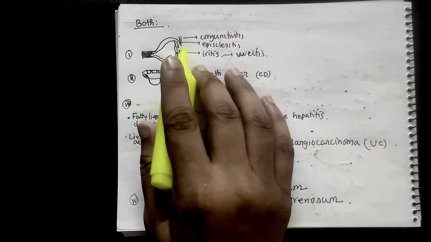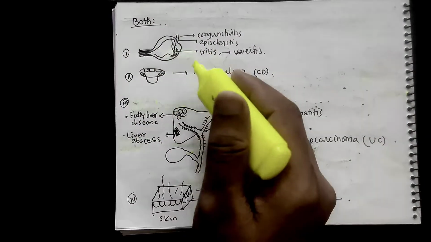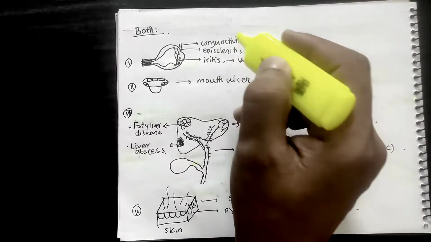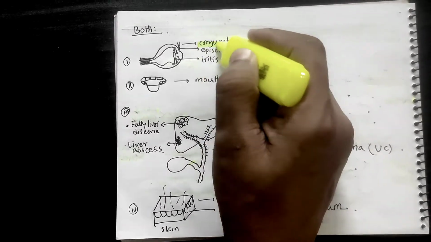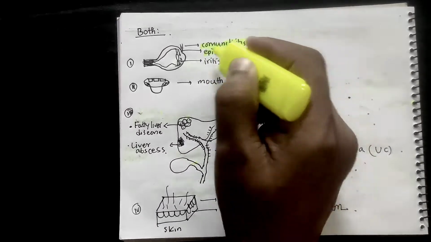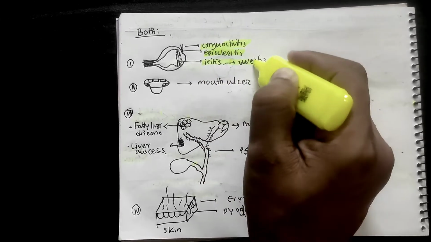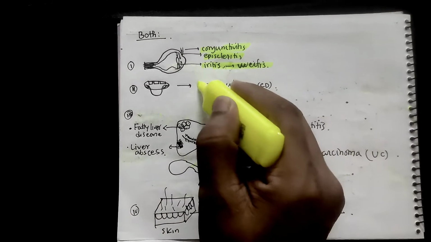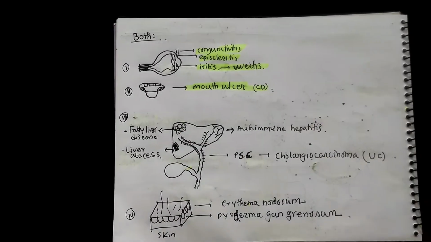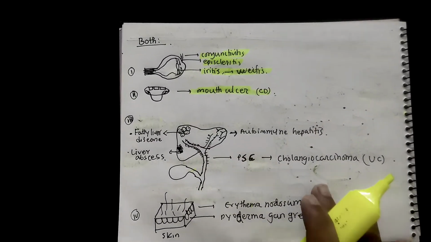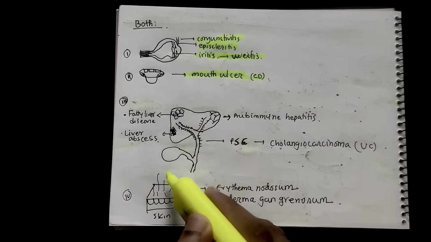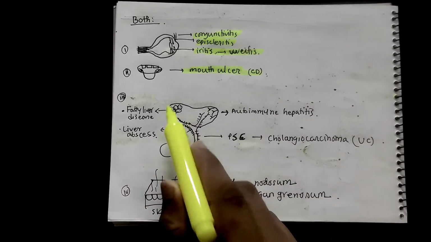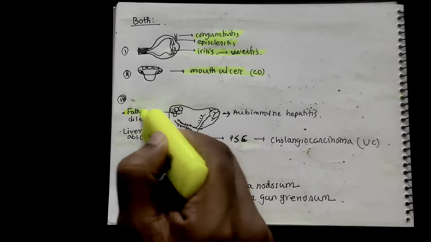And in both ulcerative colitis and Crohn's disease, it affects the eyes. So what does it cause at first? Either conjunctivitis, number 2 episcleritis, iritis, and uveitis. And in the mouth it causes mouth ulcer in Crohn's disease. Then liver, gallbladder, and duct. In the liver, it causes fatty liver disease and liver abscess.